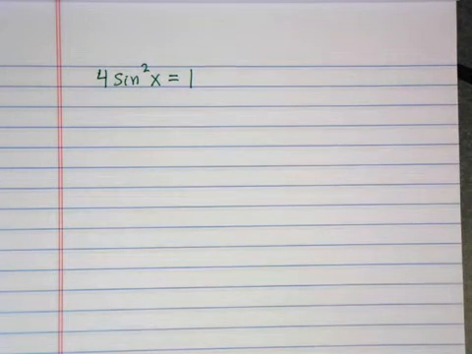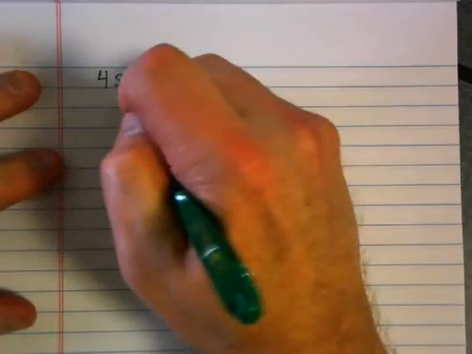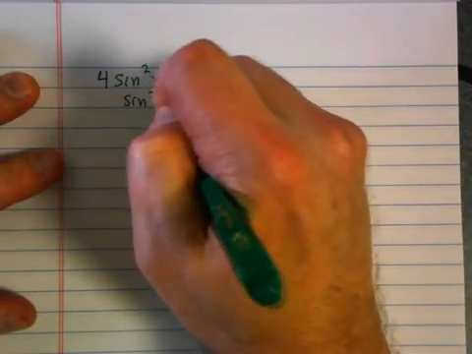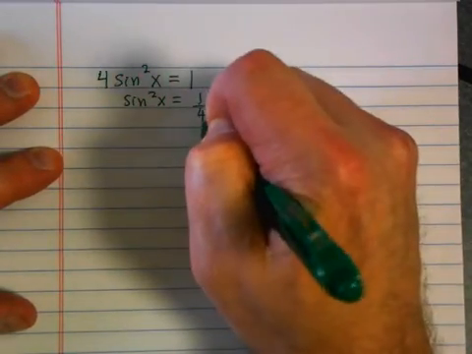What would you do? Divide by 4. That's a wonderful idea. So sine squared x is a 4th.